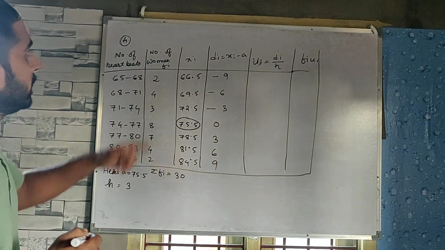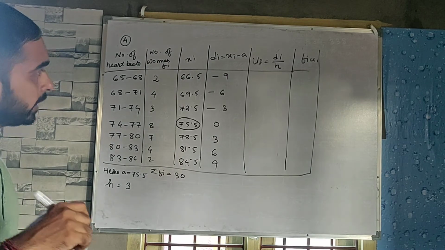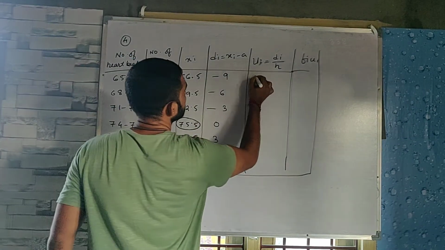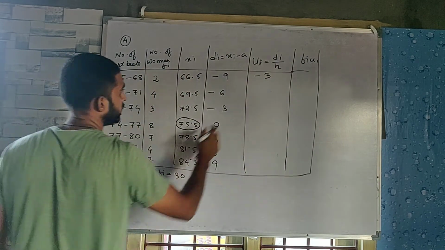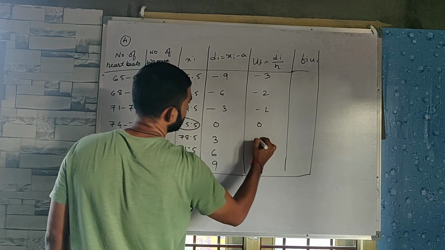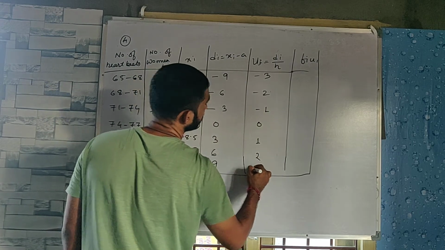Now ui equals di by h. di equal to minus 9, minus 9 by 3 is minus 3. Minus 6 by 3, minus 2. Then minus 1, 0, 1, 2, 3.